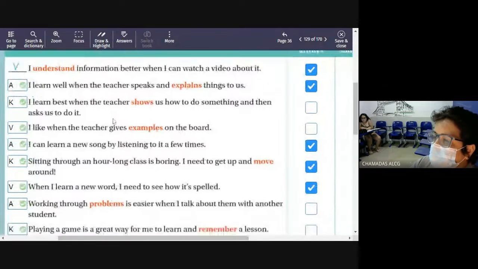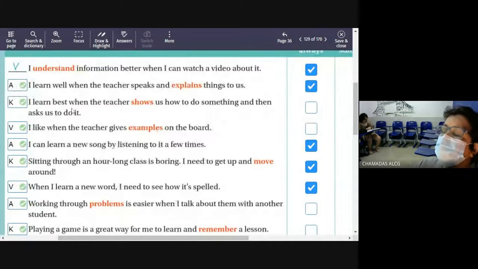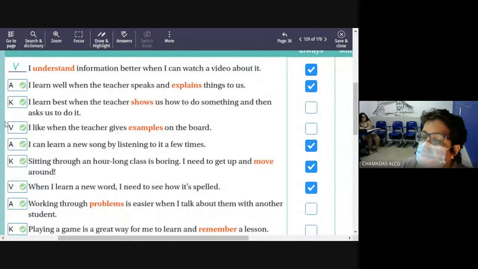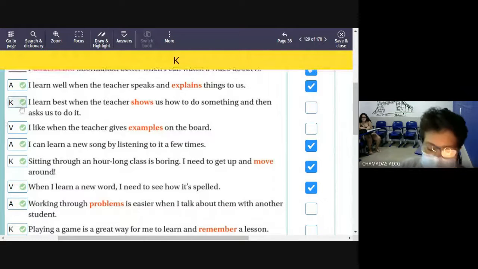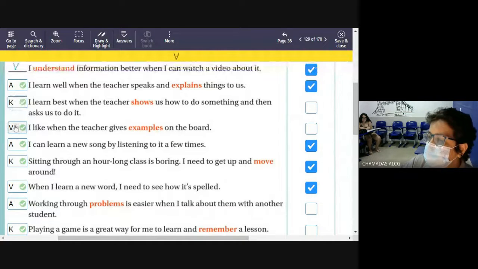Now the next one, when you learn best, when the teacher shows the students how to do something, and then the teacher asks you to do it. So it's hands-on experience. You do the activity. So then it's kinesthetic. It relates to the kinesthetic style of learning.